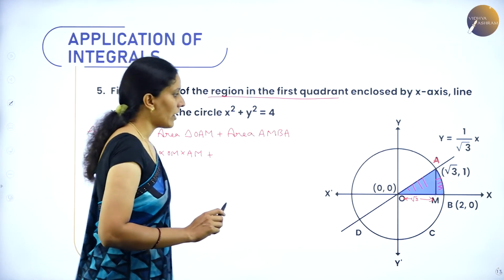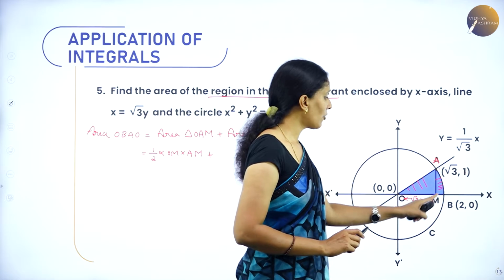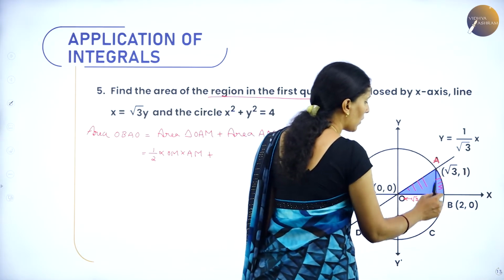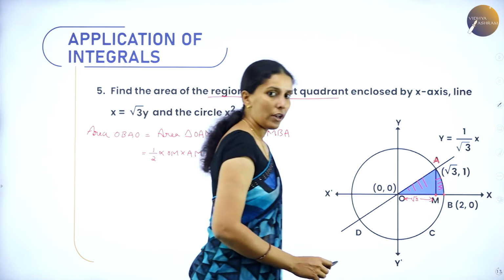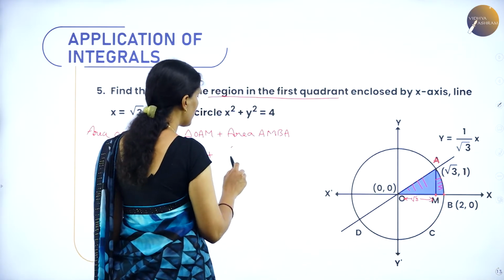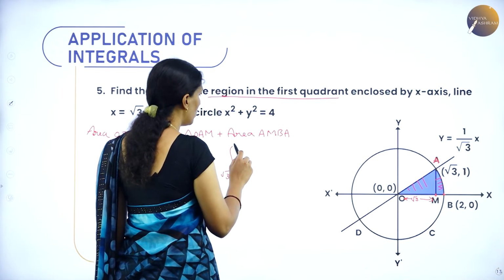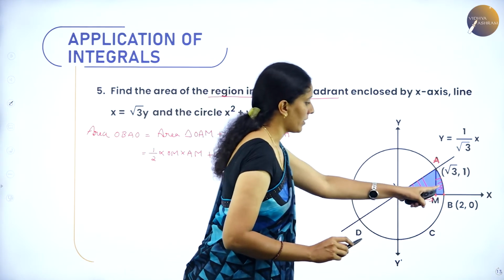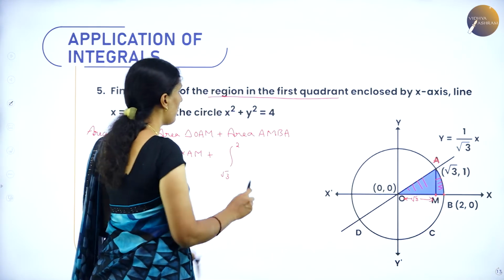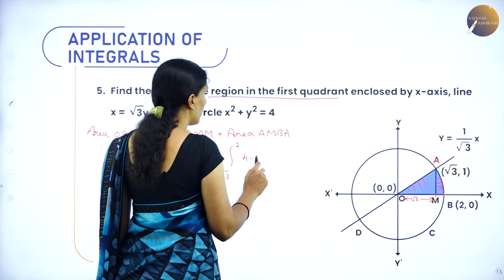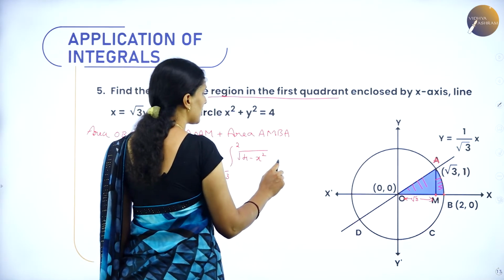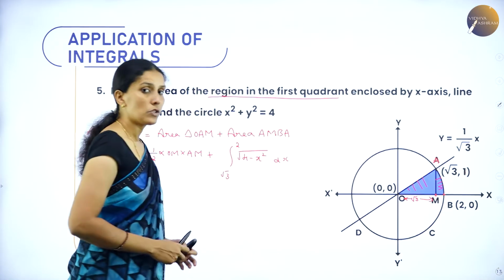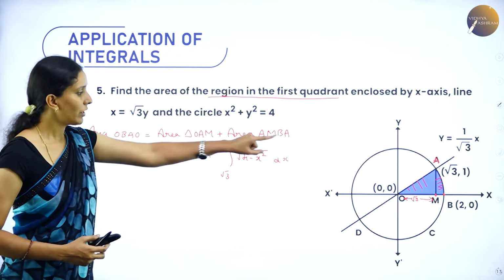And for the second one, since it includes the part of the circle and the coordinates start from root 3 to 2, the integral varies from root 3 to 2, y into dx. What is y here? y can be written as the square root of 4 minus x square, with respect to dx. So this is the total area of the required region.